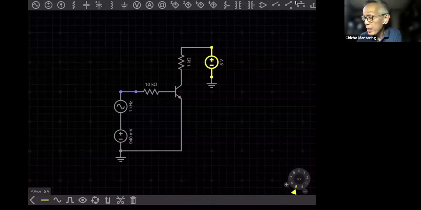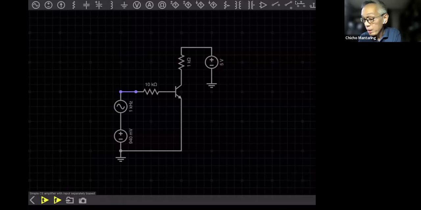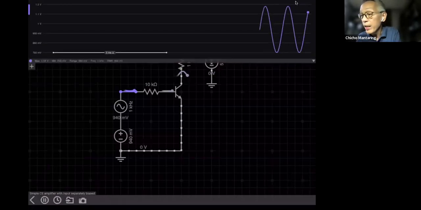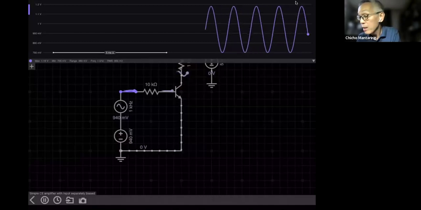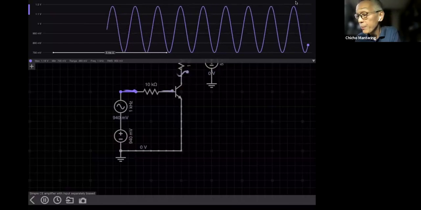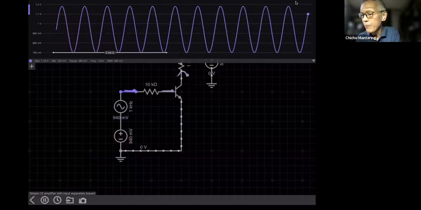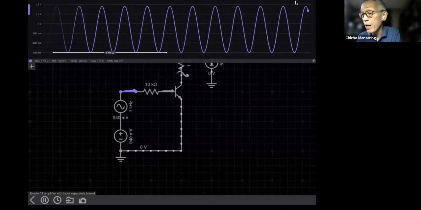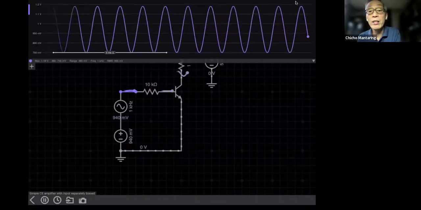If I just take a look at my input, so it is offset. Notice it is offset by 0.94 volts. The minimum value is 0.7 volts. The maximum value is about 1.2 volts.